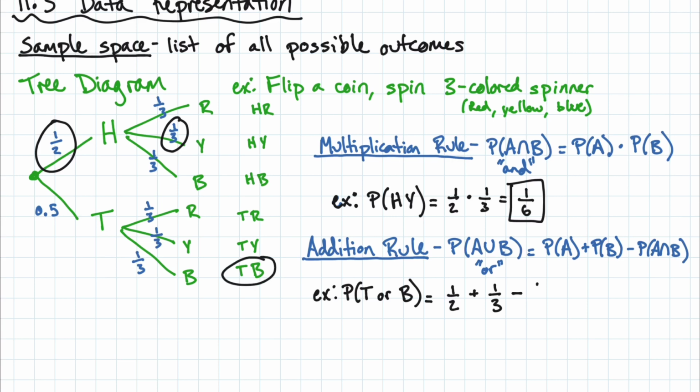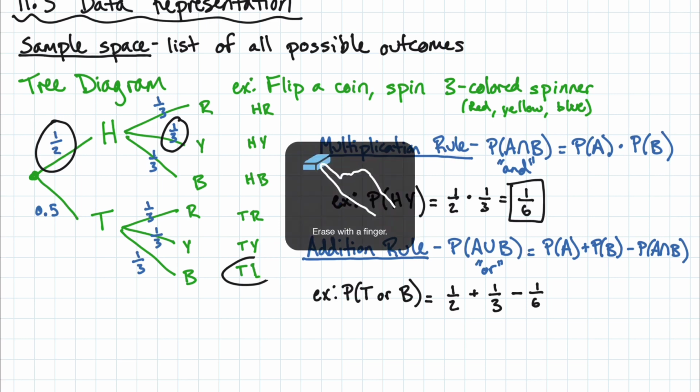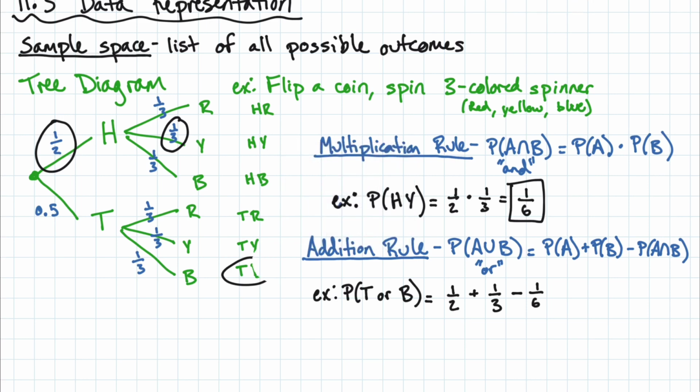Right there, that's 1 out of 6. Okay. So I'm going to get a common denominator for everything. 3/6 plus 2/6 minus 1/6. 3 plus 2 is 5 minus 1 is 4 out of 6, which is going to be 2/3.